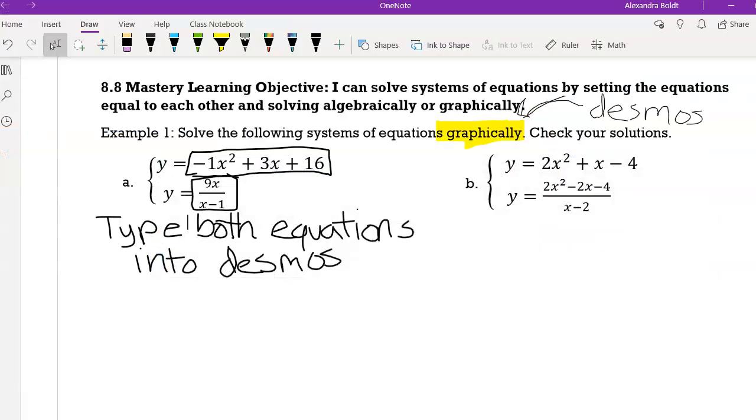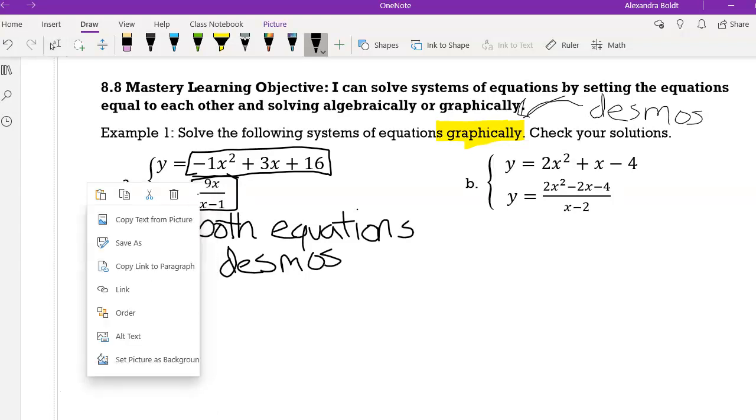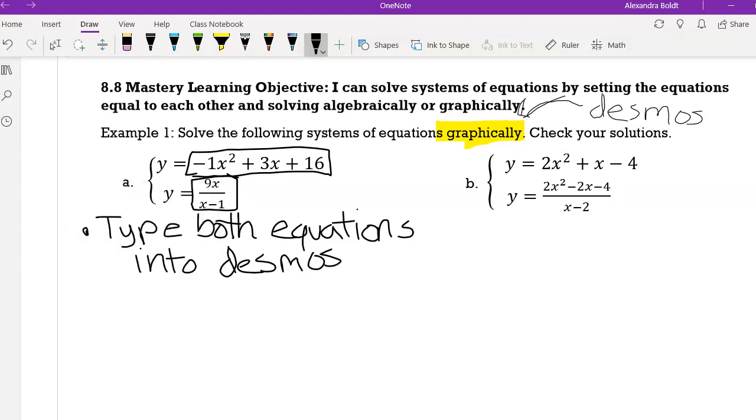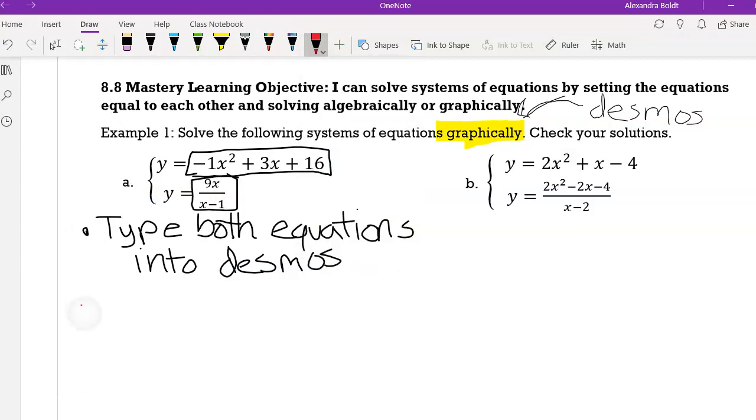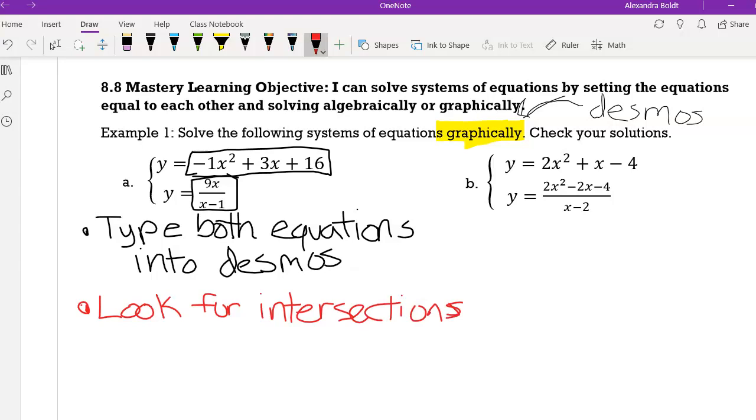And again, we've done this before, so type both equations into Desmos, then look for intersections. And we only care about the x equals. I don't care what the y value is at this point.